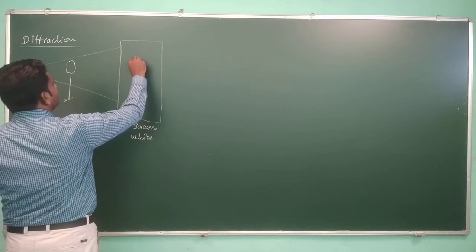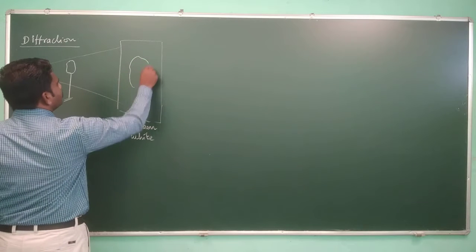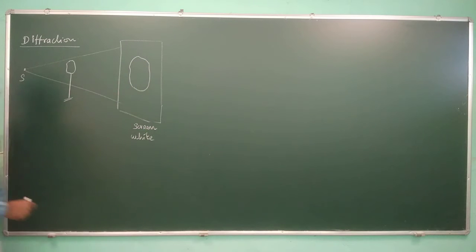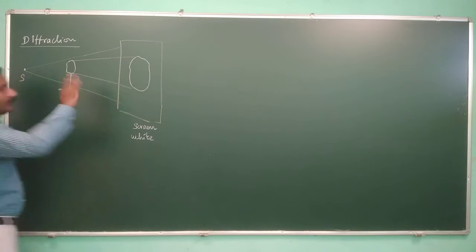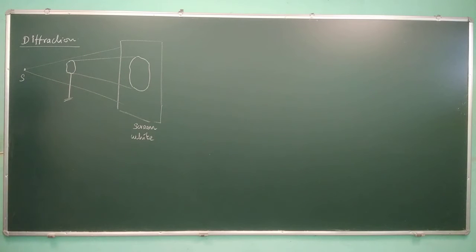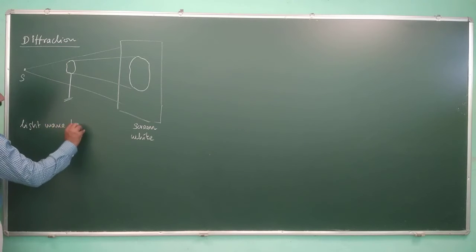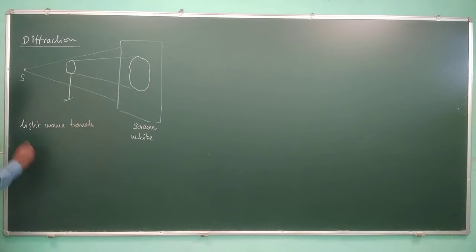The shadow of this opaque object will be produced on the screen, right? So this implies that light waves travel straight.